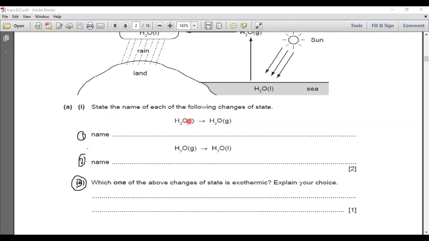H2O liquid converted to H2O gas. When liquid converts to gas, what is the name of the process? Condensation, melting, evaporation, freezing? And here, from gas to liquid, what is this?